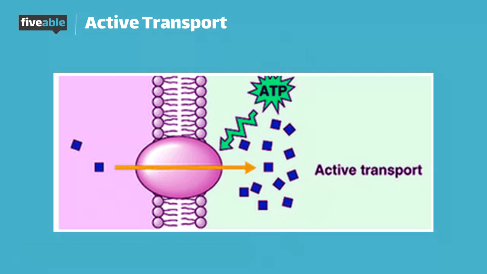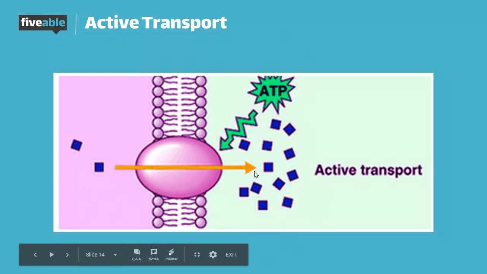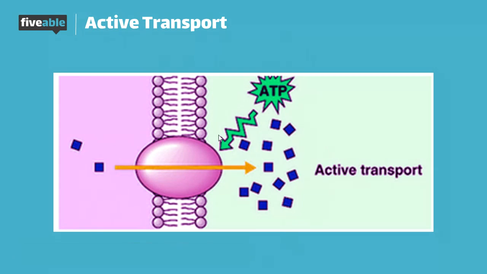So if we didn't have these guys making this concentration gradient in our brains, we would never be able to have a thought or do anything or send any signals at all, okay? So pretty crazy what these guys do for us. So active transport is very, very important, but we're going against the concentration gradient and using energy to do so.